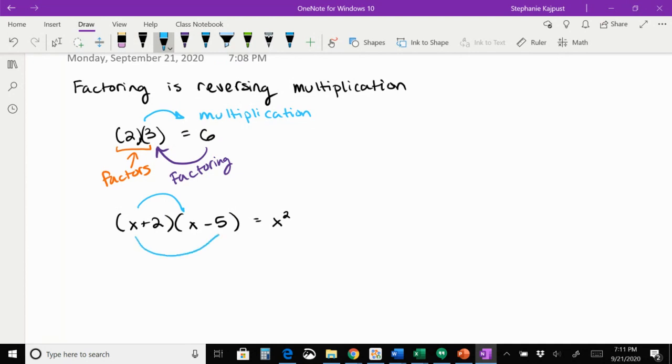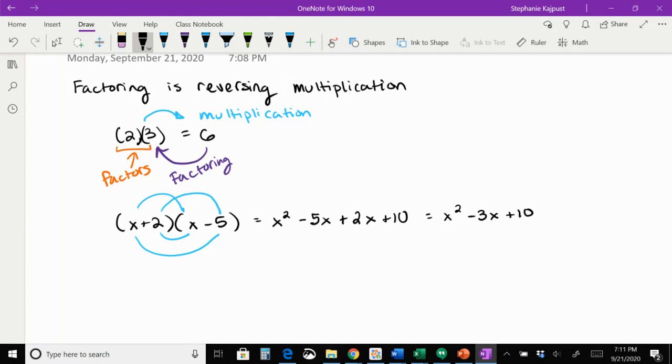Then we multiply the outsides, x times -5, which is minus 5x. 2 times x is the inside, so that gives us plus 2x. And then the last terms, 2 times 5 is 10. Your middle terms you can combine, and this gives you x squared minus 3x plus 10.